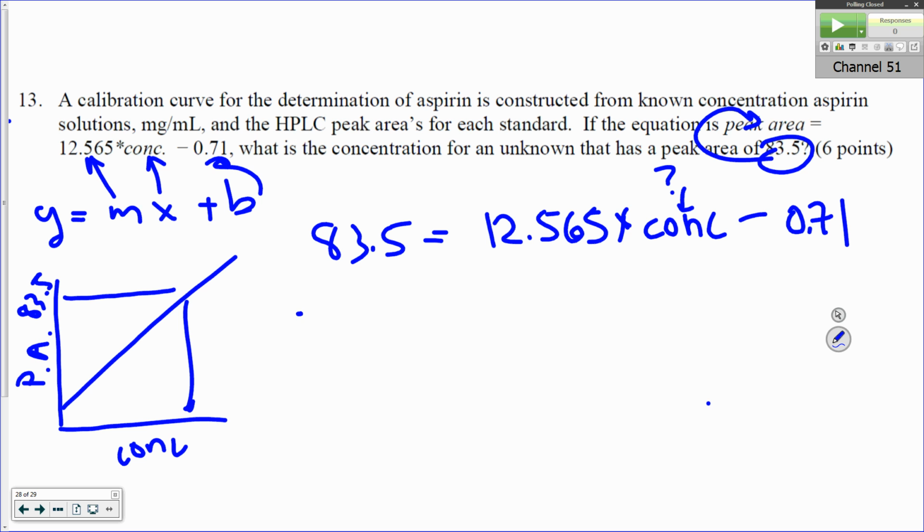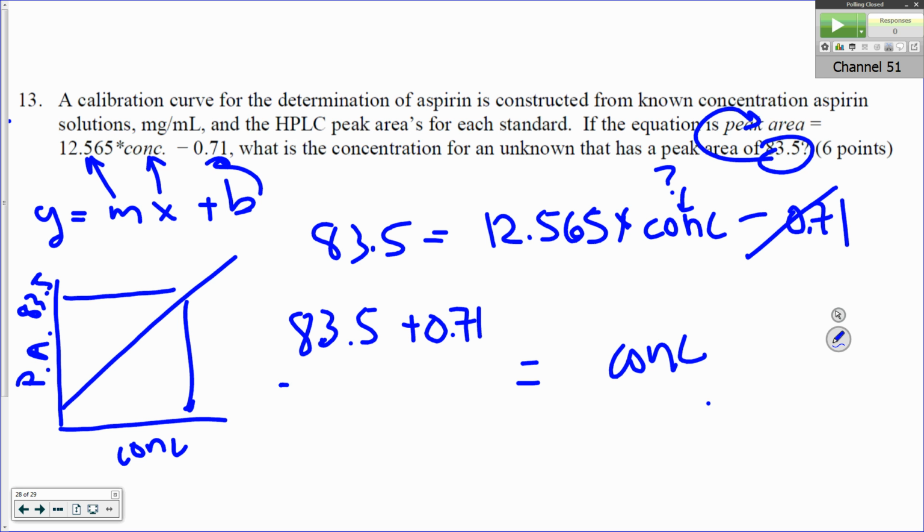So the 83.5. And this is a minus on this side, so we're going to take the other side, so we're going to make it a plus. All right, so we're trying to isolate the concentration term. So that means we're going to divide this now. Okay, so that's our equation we're going to use to rearrange that.